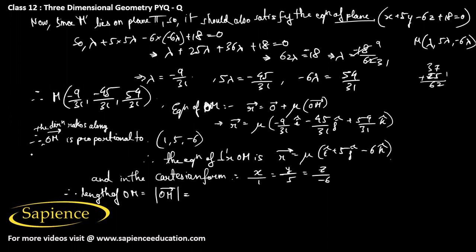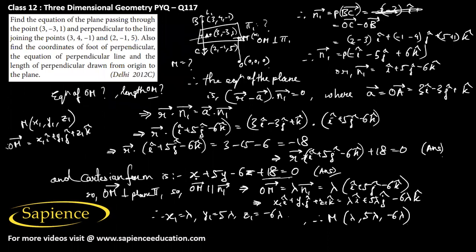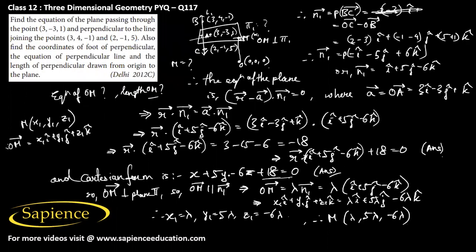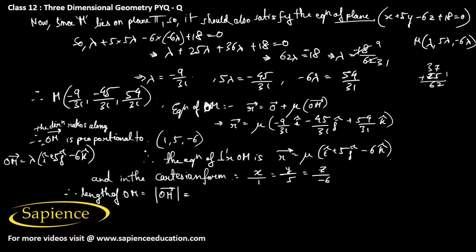OM vector is obviously lambda into I cap plus 5 J cap minus 6 K cap. We got lambda as minus 9 by 31. So that will be mod of lambda into the mod of I cap plus 5 J cap minus 6 K cap.